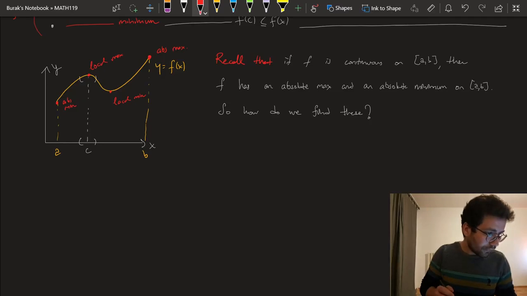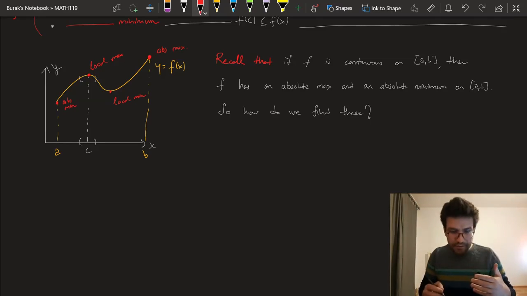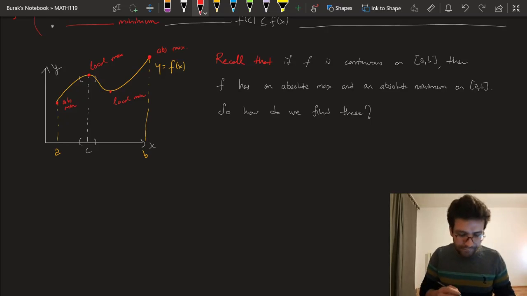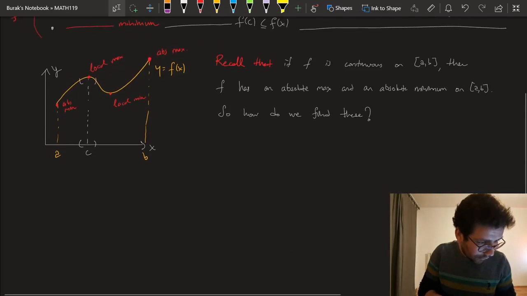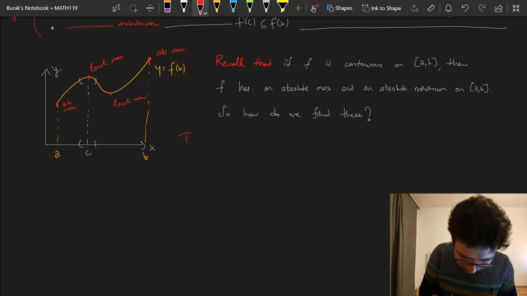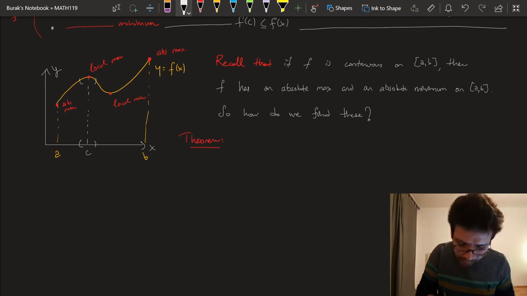Okay. Now I'm gonna write down a theorem, in which I'm gonna also make some definitions. I'm gonna write down some definitions. So theorem. Okay.